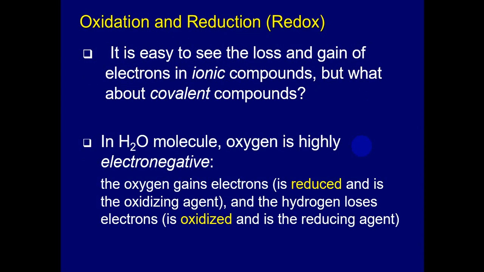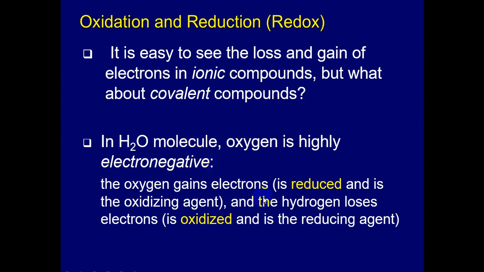It is easy to see the loss and gain of electrons in ionic compounds, but what about covalent compounds? In a water molecule, oxygen is highly electronegative. That means that it attracts the positive charges.